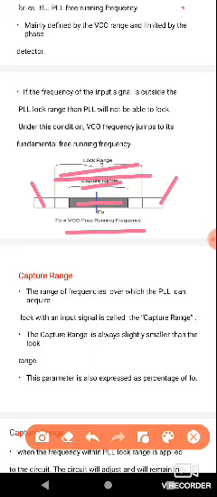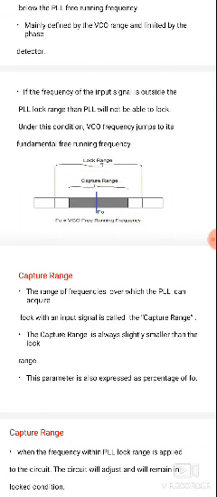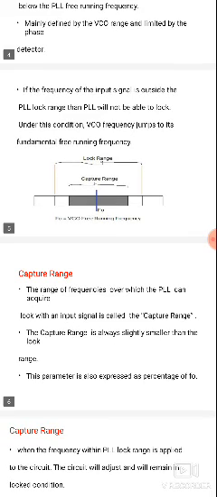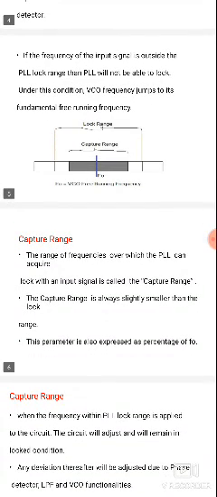When it arises, it means the incoming signal is outside the PLL lock range. So the PLL will not be able to lock, and under this condition the VCO will jump to the free running frequency, or fundamental free running frequency.